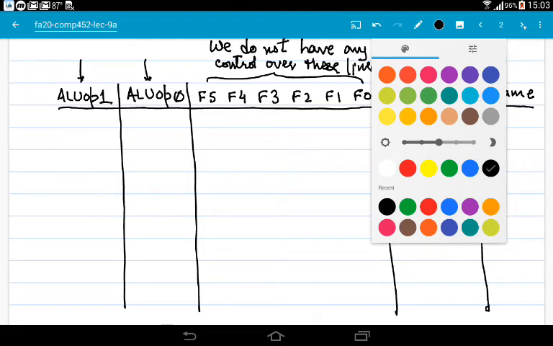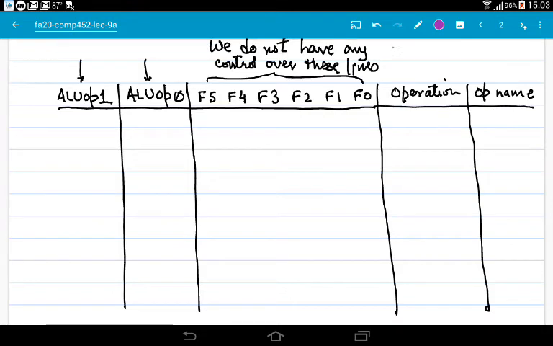Let me write it in a different color: the MIPS consortium controls these lines. So their values will be specified by the designers of the MIPS instruction set architecture.